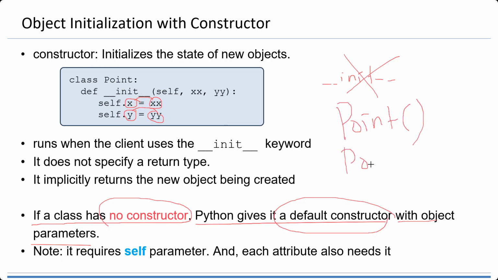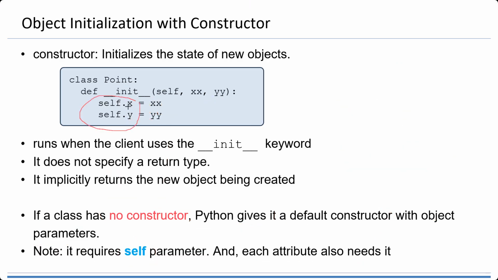If you have point and you have two parameters, then you need to define the values, because in the init you already define two values. Note, it requires the self parameter, and its attribute also needs it. Whenever you create the attribute, you need to put self.